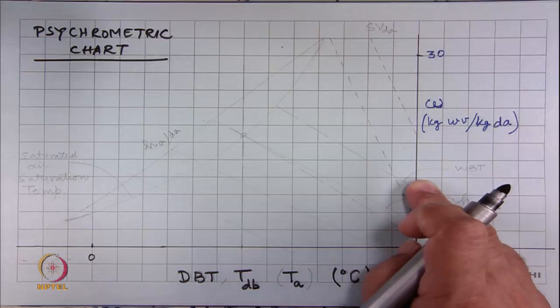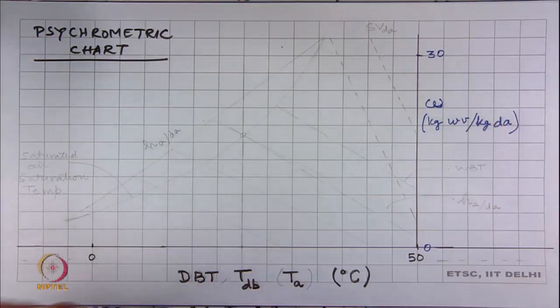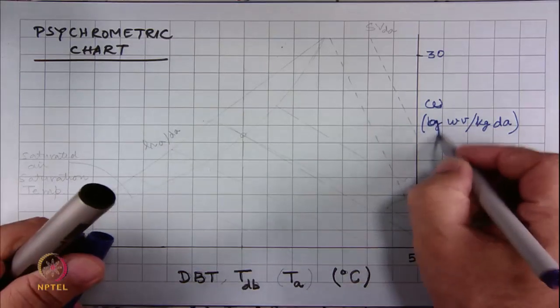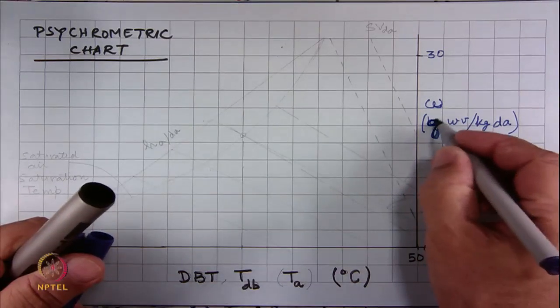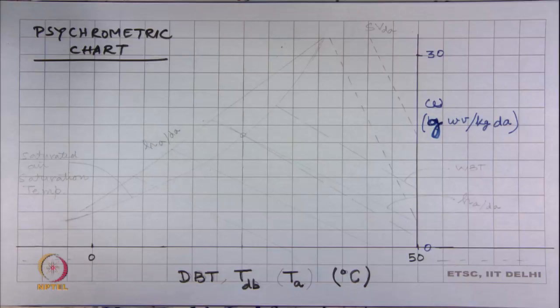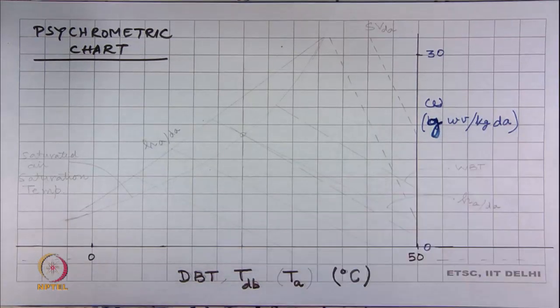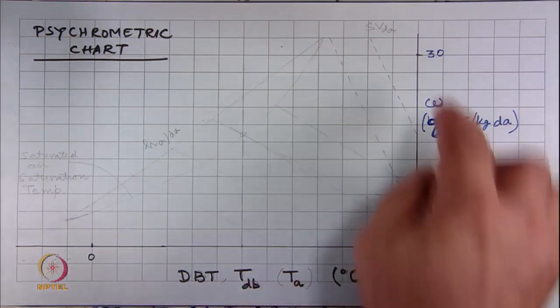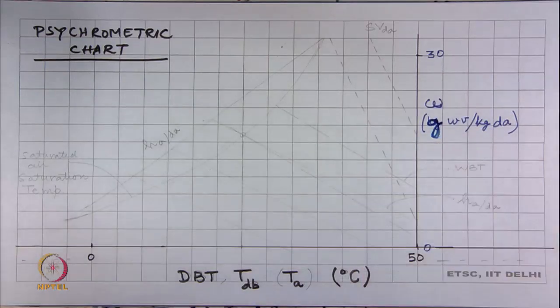Sorry, this is not kg, this is g. This is grams of water vapor per kilogram of dry air, and it tells you again that it is of the order of 10 or 15 grams in 1 kilogram of air, which is very small, 1%.